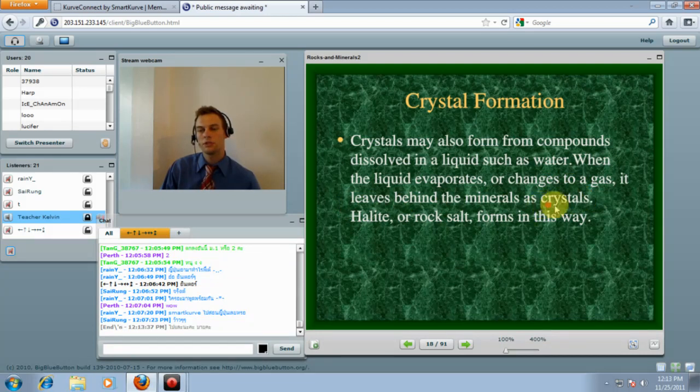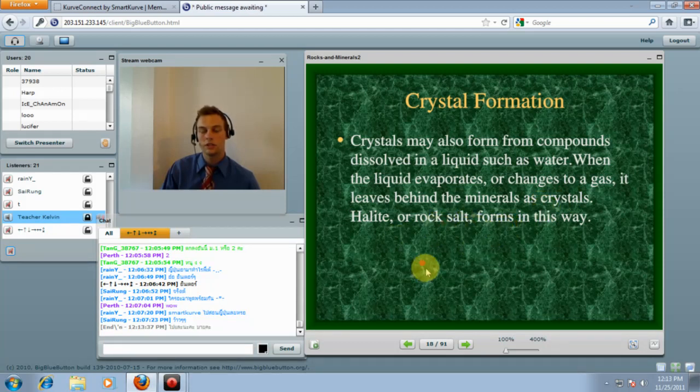Generally, we call these precipitates in chemistry, but just know that sometimes you have these crystals that can form compounds in water or in other kinds of liquids, and then if you heat this up and get rid of the pure water or whatever liquid, it kind of leaves behind these crystals.